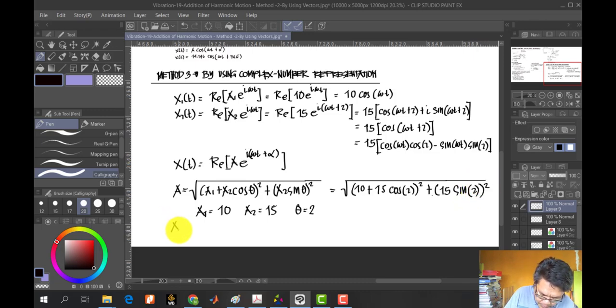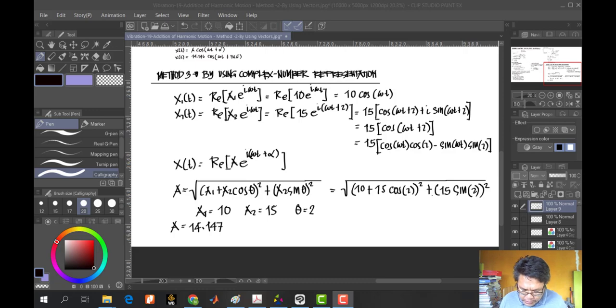So we have the value of a equal to 14.147.